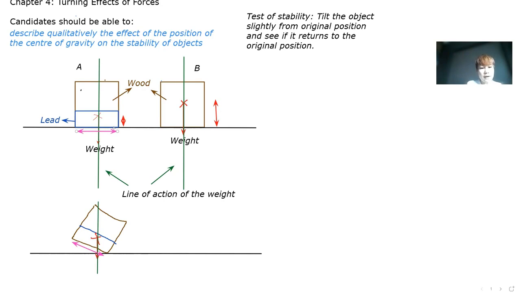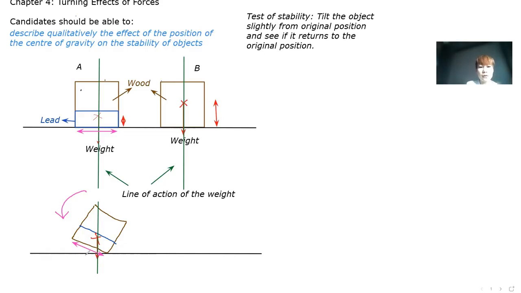So if it is well within the base area, we call this stable, which means that once you release it, it's going to turn in an anti-clockwise fashion and turn back to the original position. Why is that so? Because the line of action, the one in green, is still well within the base area.